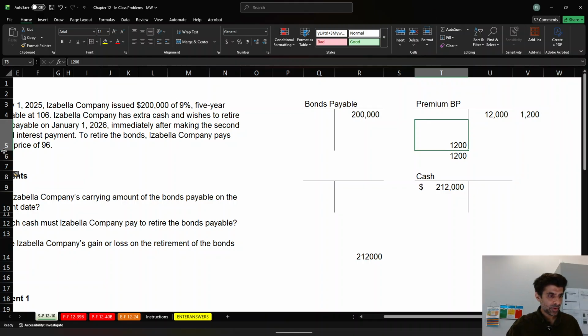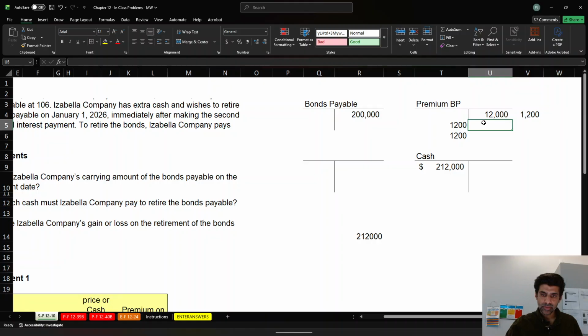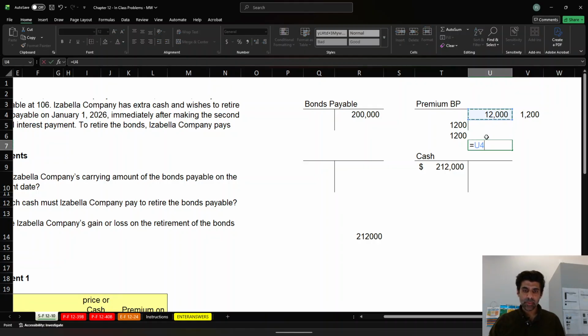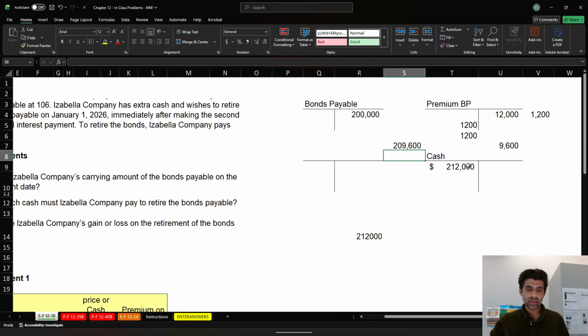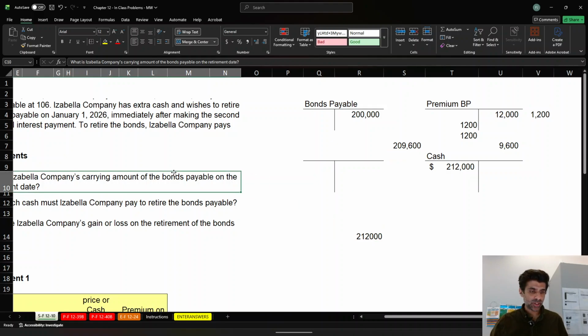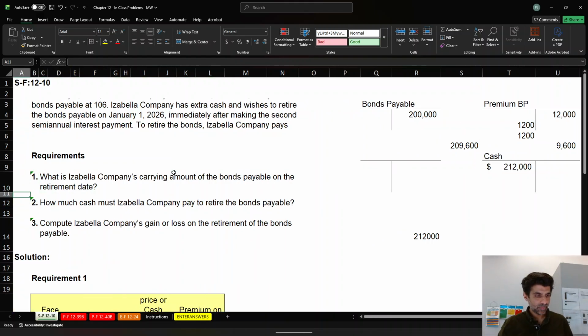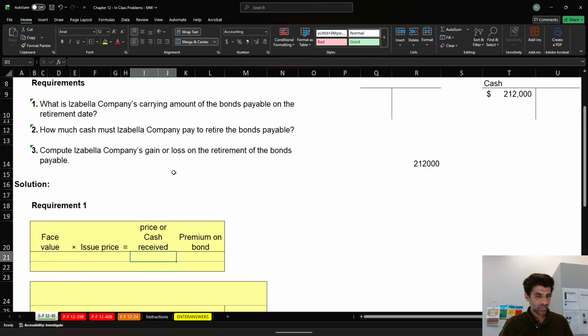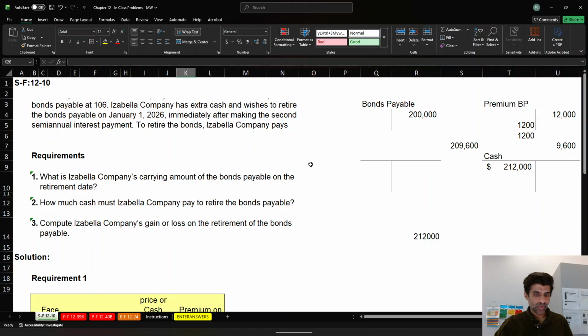The balance at the time of retirement is the starting balance minus these 2 payments. So the carrying value is equal to 200,000 plus, is it plus or minus? Plus. They're both credit balances, so you're going to add them together. So the answer to the first question is 209,600. We just did the calculation.